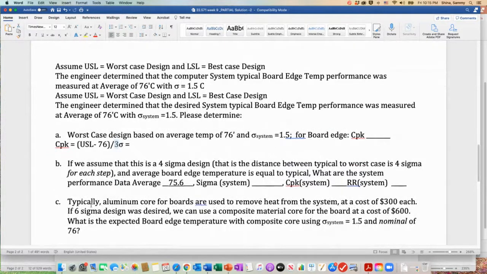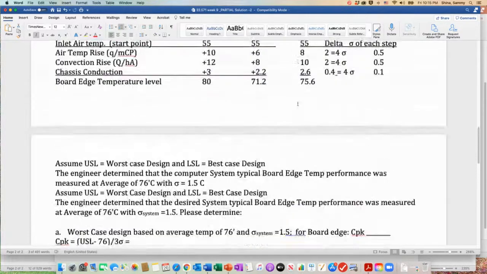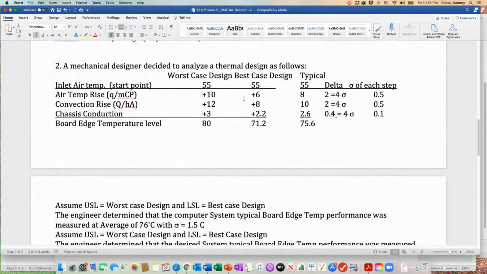Okay. B, if we assume this is a 4 sigma design for each step, that's the important sentence, for each step. If it's a 4 sigma design for each step, then there's a sigma for each step. There are 3 steps. So this one has a span of 4, so the tolerance is plus or minus 2.